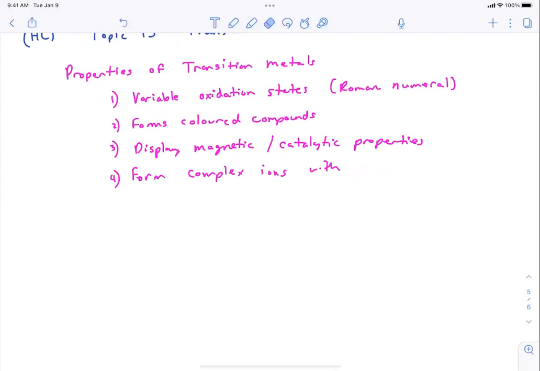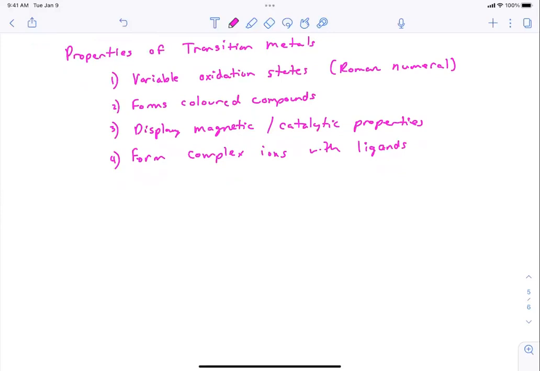Okay, so we're going to focus on a couple of these ideas and explain what they mean. I'm going to focus right now on forming complex ions, magnetic properties, and variable oxidation states.